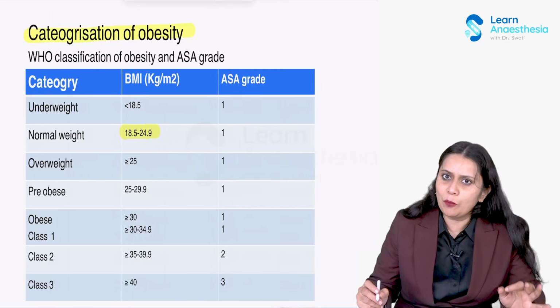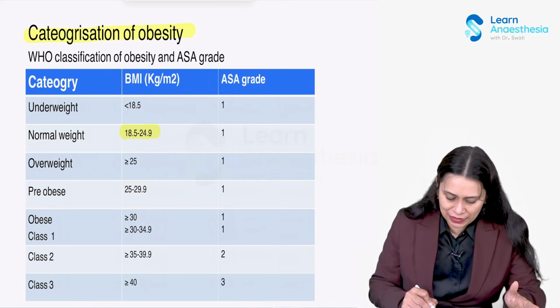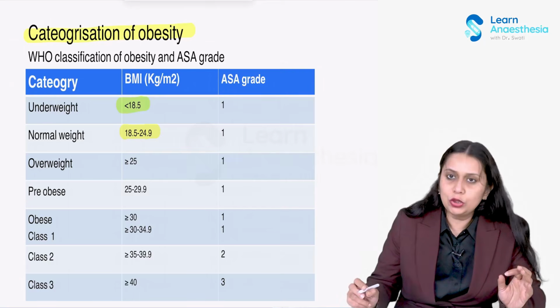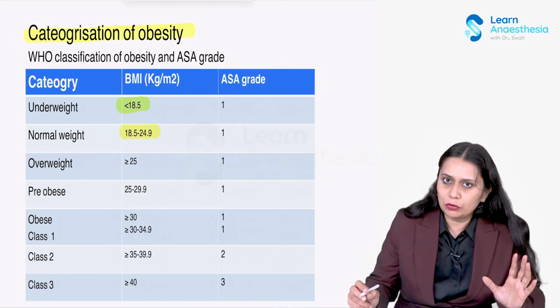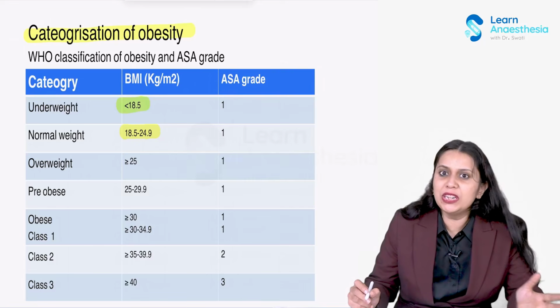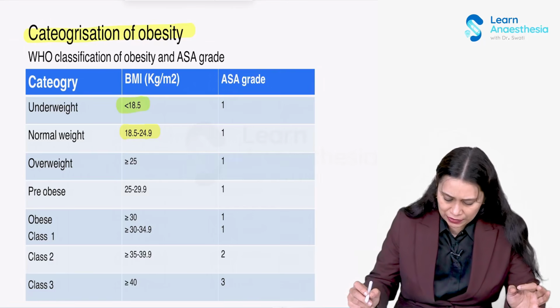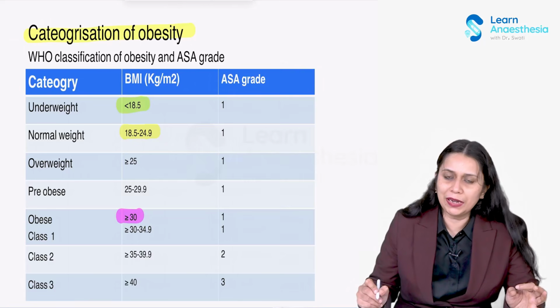Less than 18.5 is underweight. More than 24.9 comes under overweight, so 25 kg per meter square onwards is overweight. But obesity is defined as more than 30 kg per meter square.